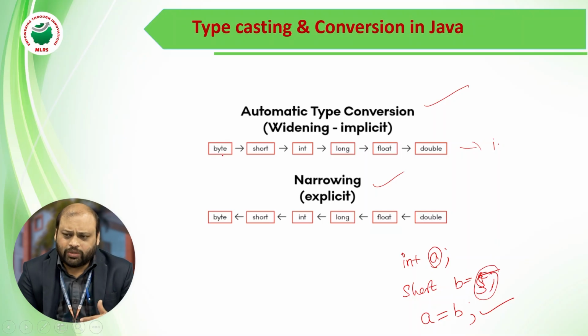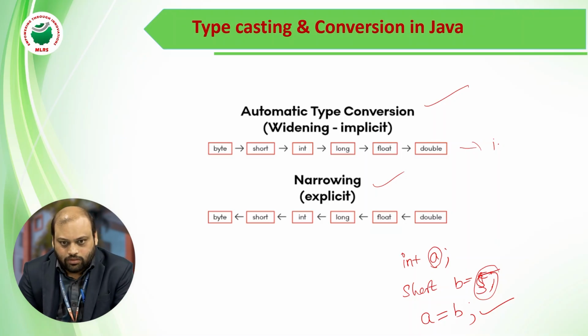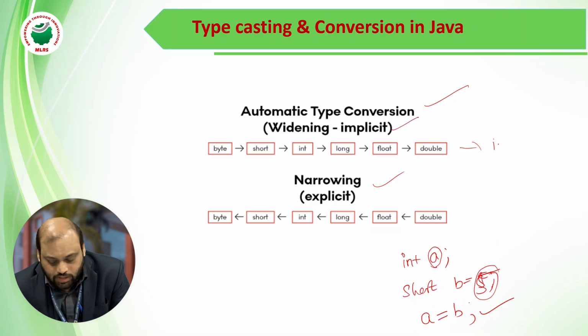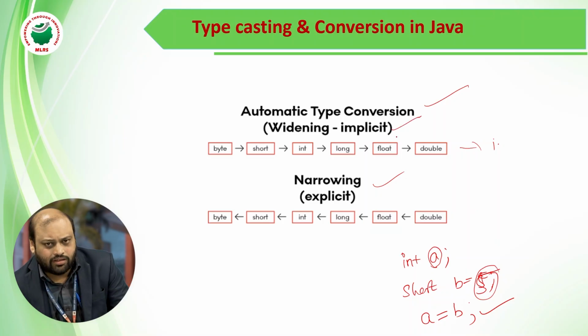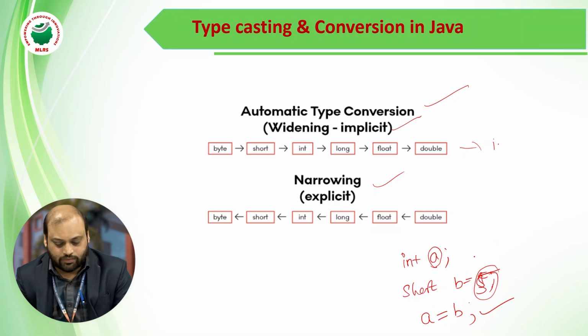You need not write any extra code for it. We are increasing the capacity of a variable here, so that is why we call it widening. This is done automatically by the JVM, by Java. We need not write any code for this, so it is called automatic type conversion.